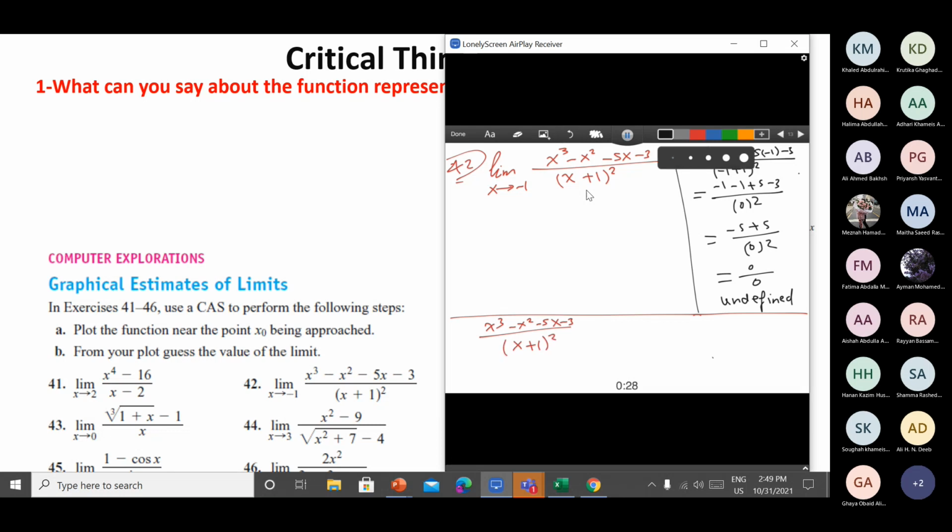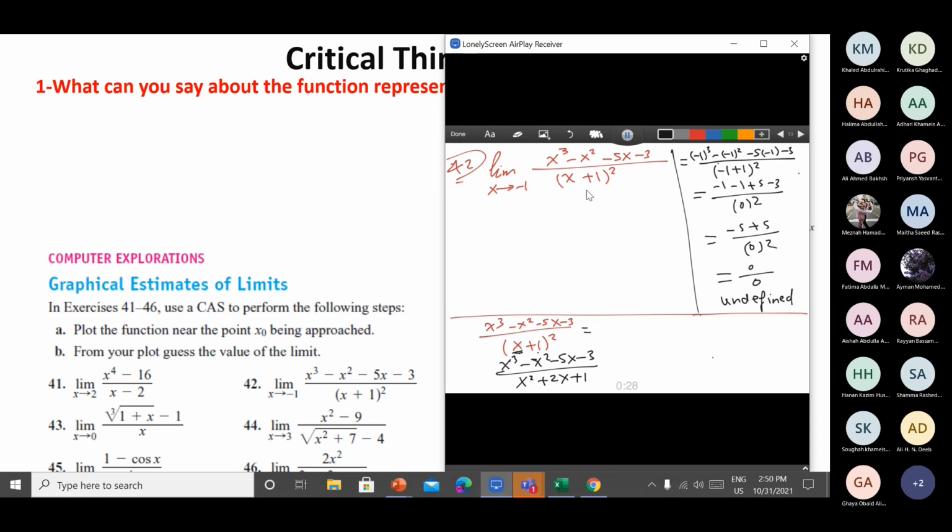Exactly like what? Like what I'm going to do here. I know this is exactly like x cubed minus x squared minus 5x minus 3 over x plus 1 squared, the square of x plus 2 times x times 1, so 2x plus 1. This is how to factorize the complete square. You square the first one, 2 times the first one times the second one, plus the second one squared.